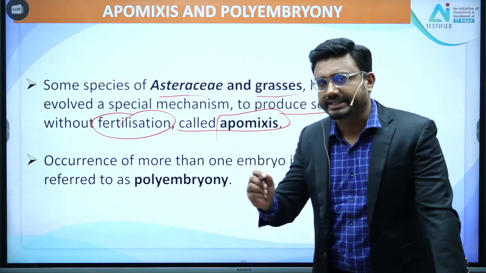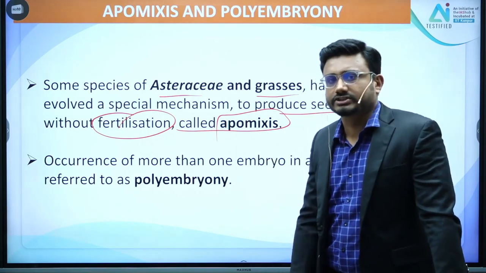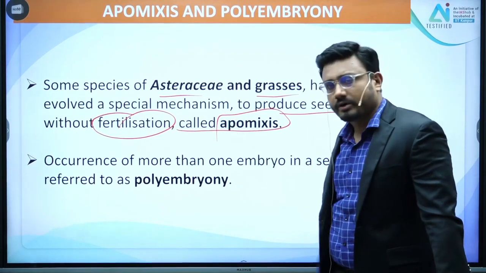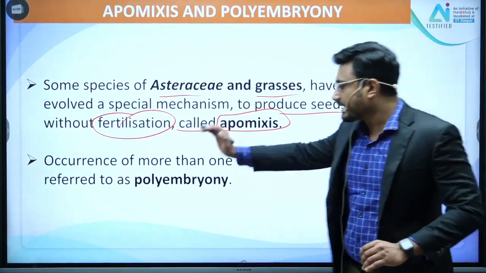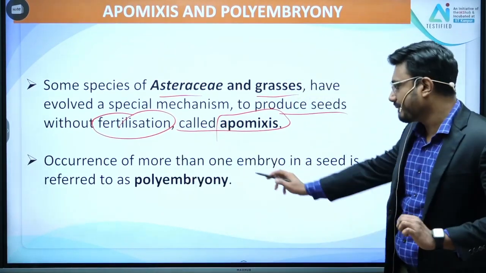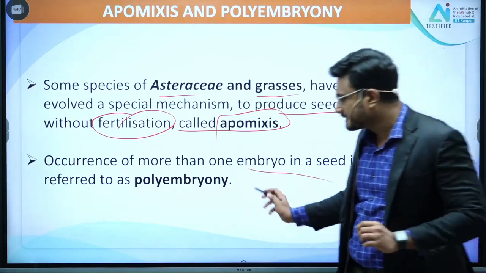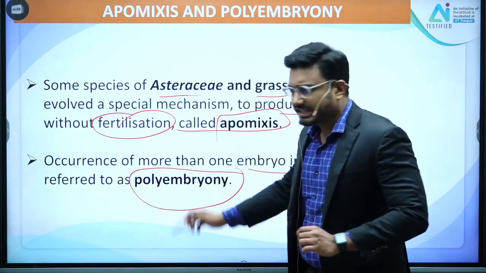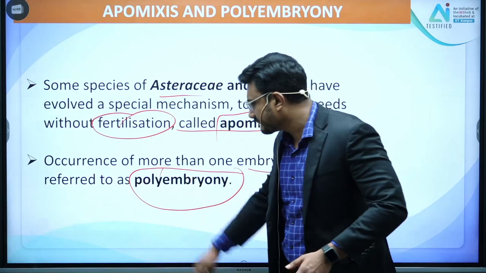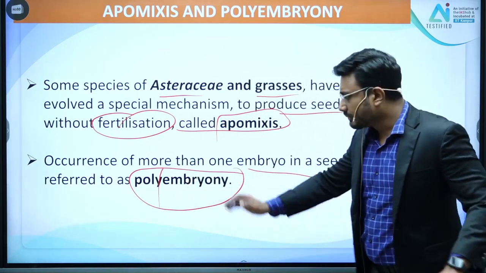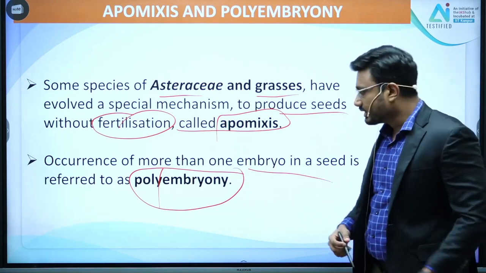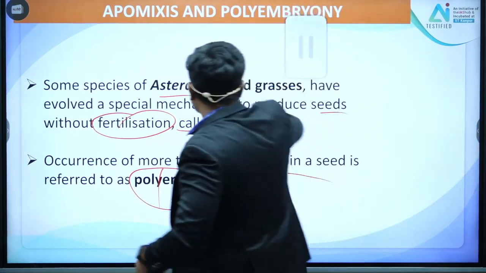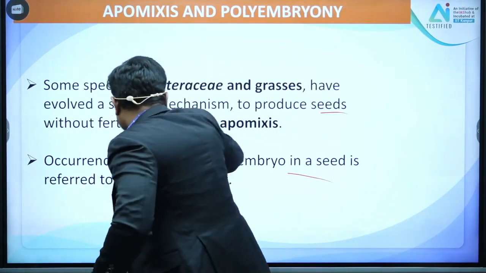In parthenocarpy, the fruit develops without fertilization, whereas in apomixis, the seeds are produced without fertilization. The occurrence of more than one embryo in a seed is known as polyembryony. The name itself suggests that poly means more than one. So if more than one embryo occurs, it is known as polyembryony. Now let's move on to the next concept.